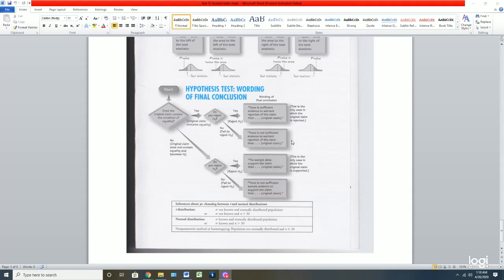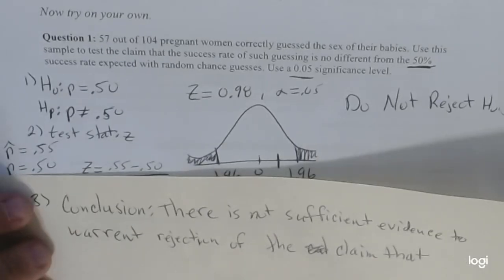So we would write for our conclusion, there is not sufficient evidence to warrant rejection of the claim that, okay, so now over here, and now what was the claim?